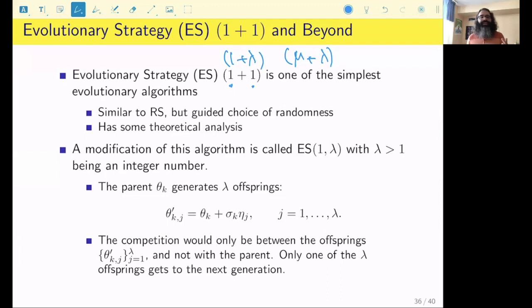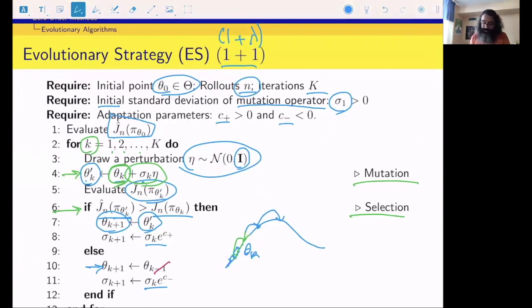The difference was that, if you recall, in random search the theta prime we chose was sampled from some distribution nu. Here we are sampling from some distribution, but that sample is around the previous successful parameter.